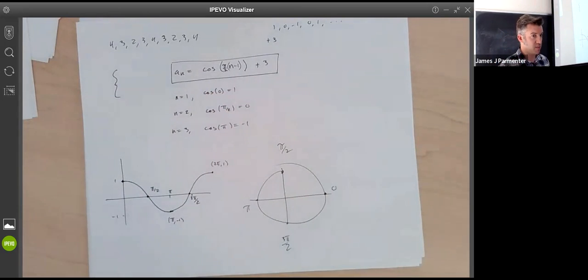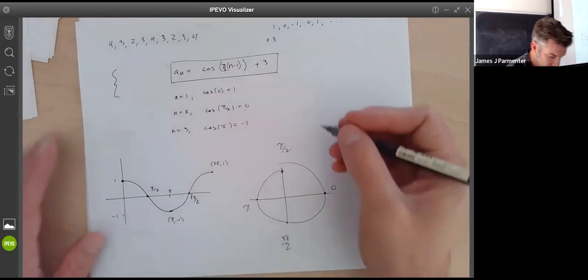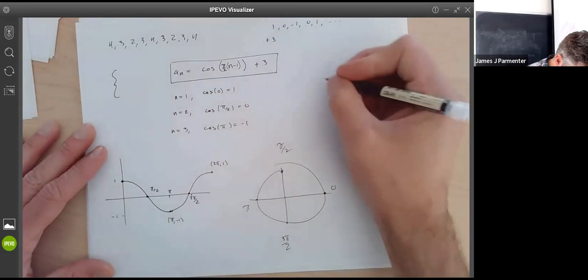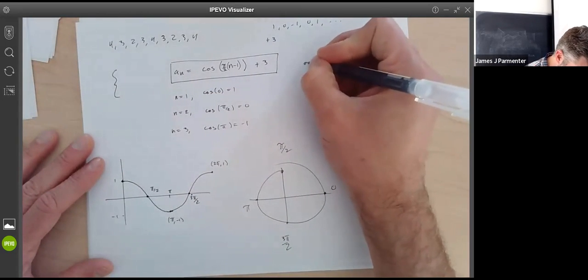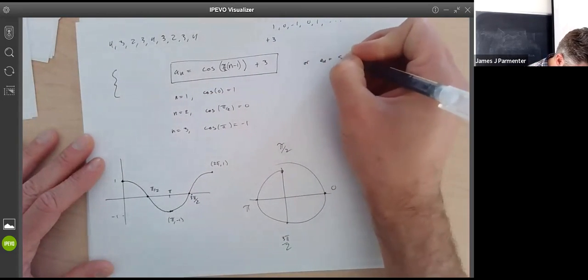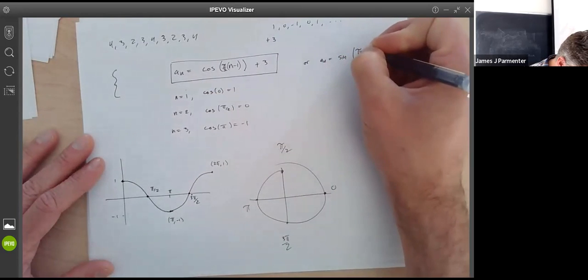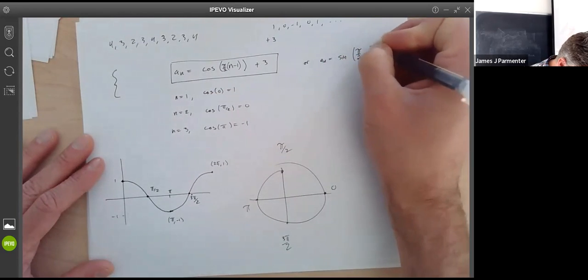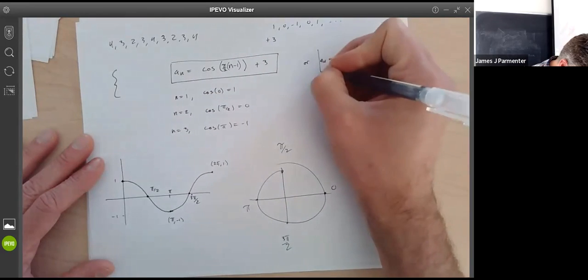When you have 3 different values, and you keep going back and forth between them, a good way to get them is to use sine or cosine. In fact, sine probably would have been a slightly nicer choice here. We could have done sine of pi over 2 times n, plus 3.